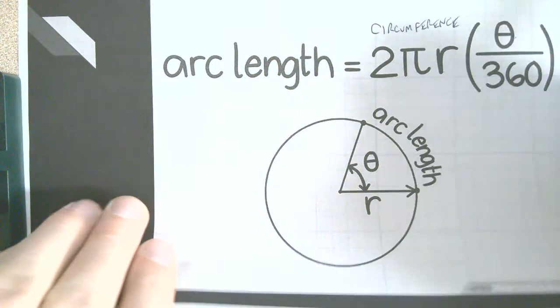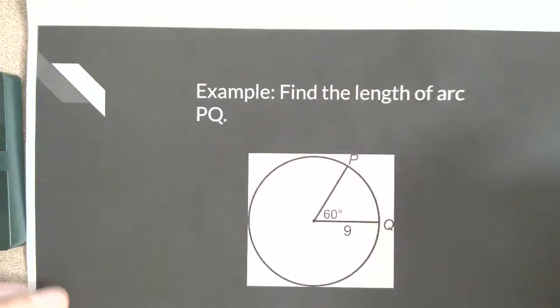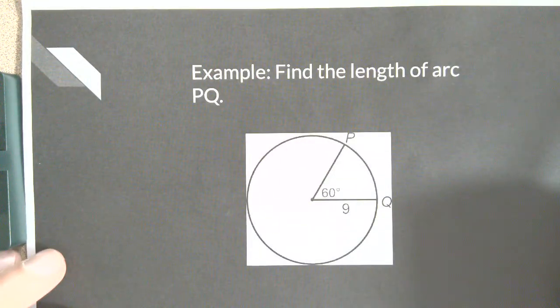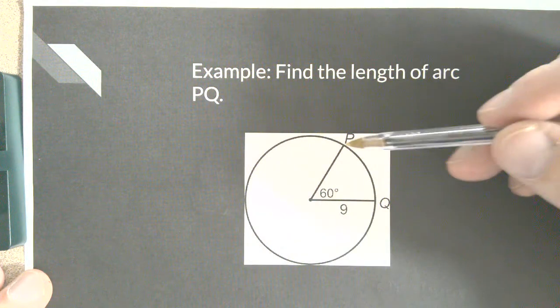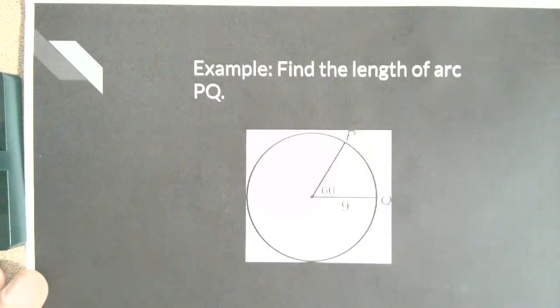Let's look at an example of finding arc length. On this last slide, we have a circle. They're telling us the central angle is 60. They're telling us the radius is 9. And they want us to find the arc length PQ, which is the length of this arc here.